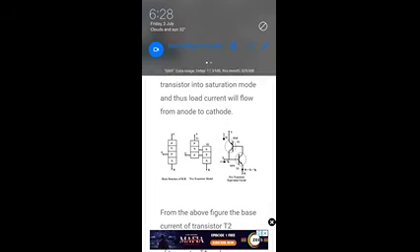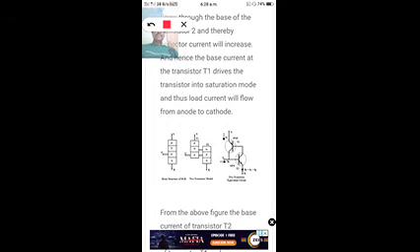Observe the construction here. The base of transistor T2 is connected to the collector of T1, and similarly the base of transistor T1 is connected to the collector of T2. This is the T1 transistor, this is the T2 transistor.